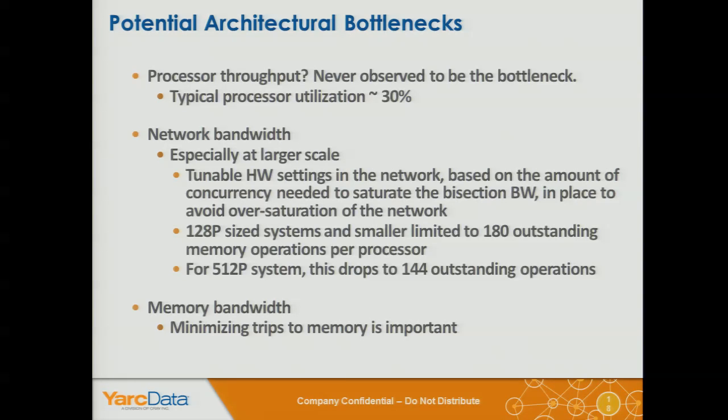For smaller size systems, around 128 processors, the network can usually support about 180 outstanding memory operations. And finally, when you get up to larger and larger systems, the bandwidth starts to trail off a little bit. So minimize the number of loads and stores if possible within your algorithm.